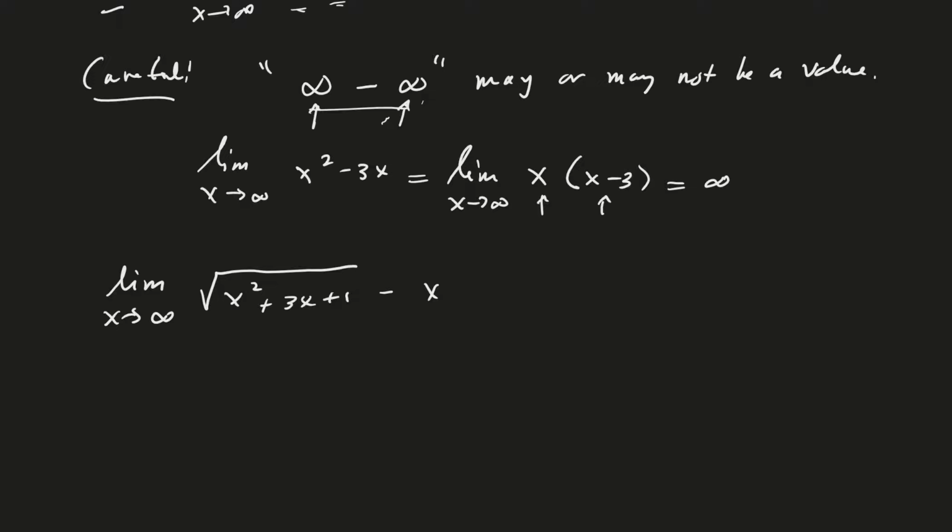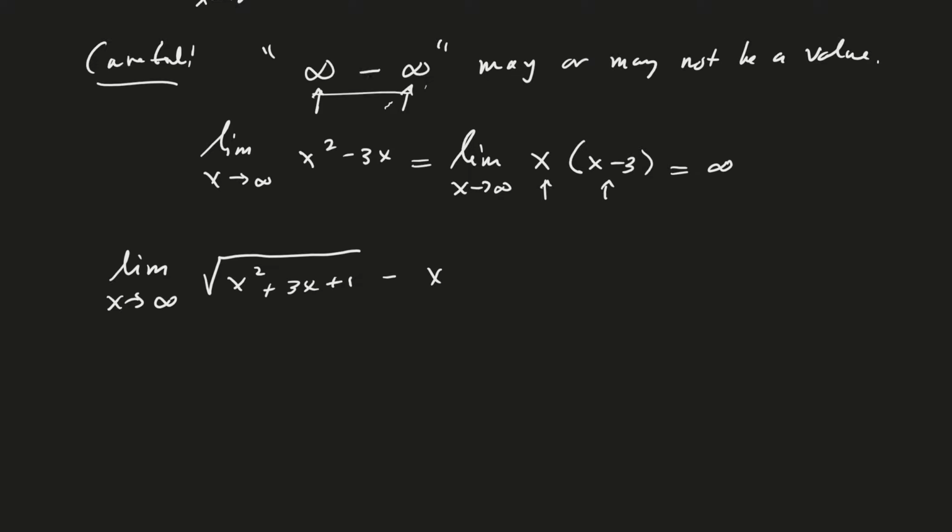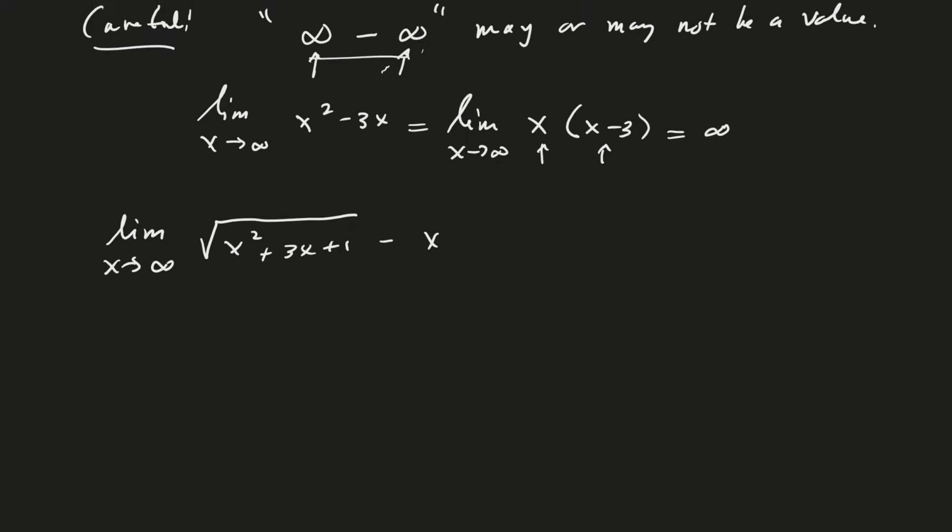Now, you should be thinking to yourself, this could be something weird, because if you think of the leading term of this expression, it's x, the square root of x squared, which is x, and here we have an x. So those things are going to infinity at about the same rate, except we are adding the 3x here. So that may change things a little bit.